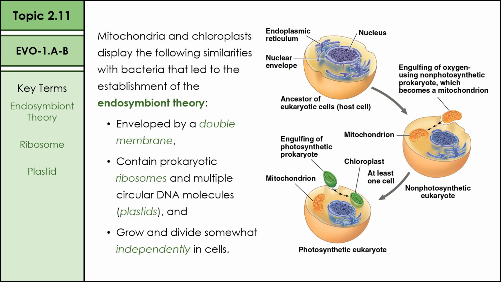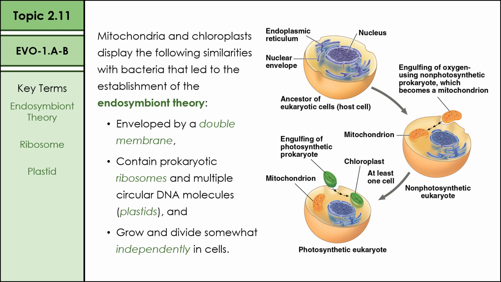Endo meaning within, and symbiont referring to symbiosis, which in our ecology unit we talked about as a mutually beneficial relationship between two organisms. We have three primary pieces of evidence to suggest that mitochondria and chloroplasts were once free-living prior to being engulfed by proto-eukaryotic cells and becoming their own organelles.